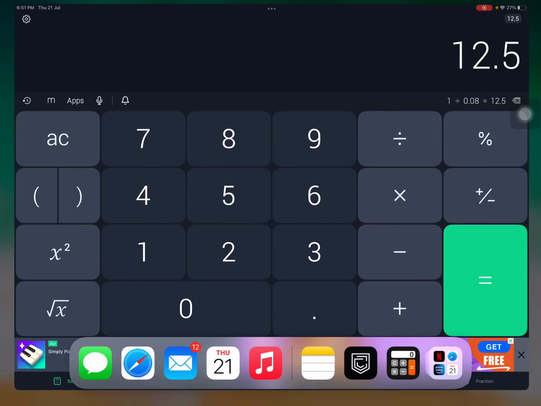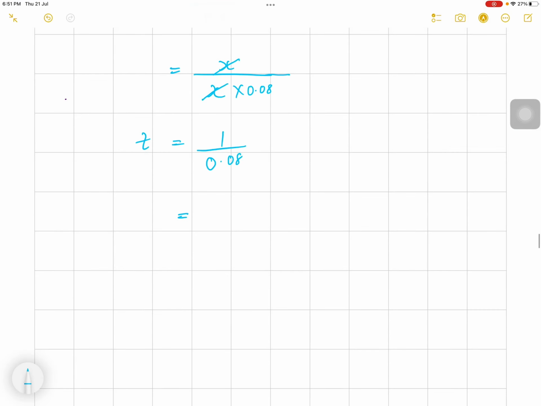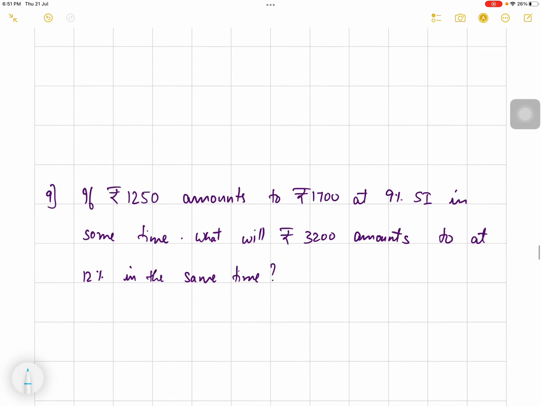So it will take 12.5 years. 12.5 years means 12 years, 6 months. So answer is 12.5 years. Okay. Let's see the next question.